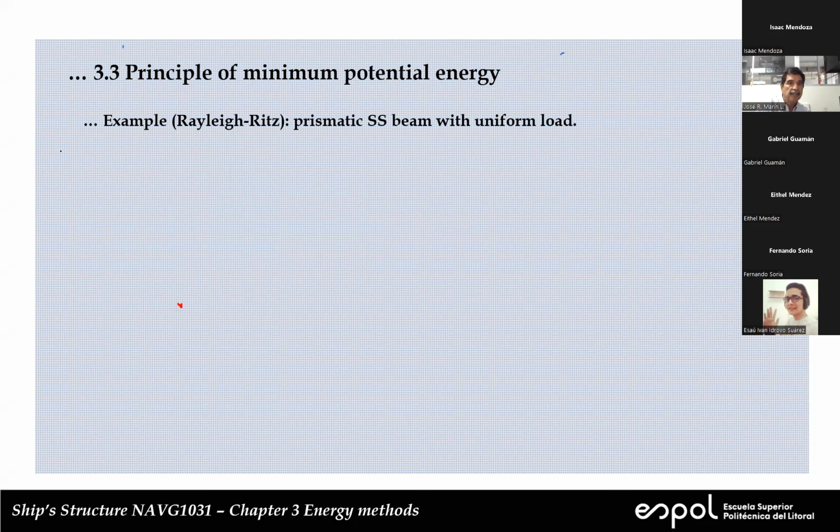Okay, let's analyze this case. Would you propose a function for this?